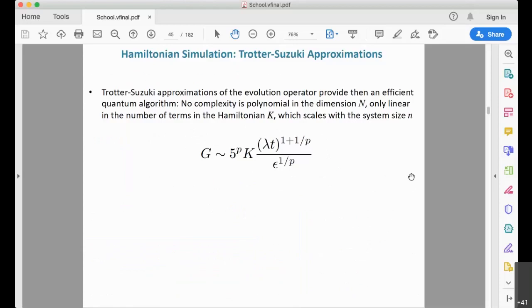Because in that case, perhaps the constant is not really 5 to the p, but maybe something smaller. And then when you optimize, you get a different p. So p infinity is not the best, p equals 1 is not the best. It's something in between.